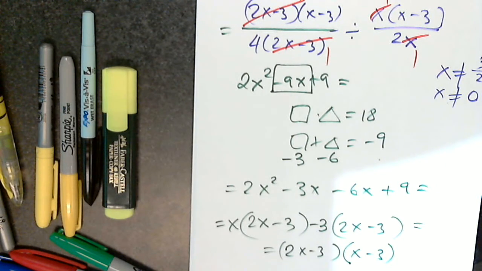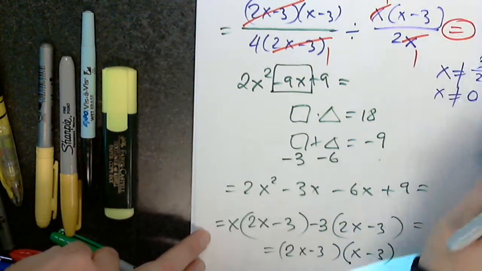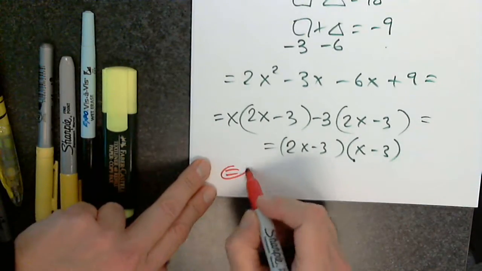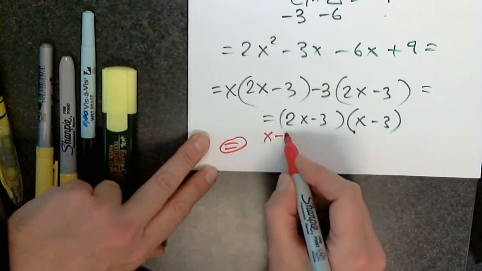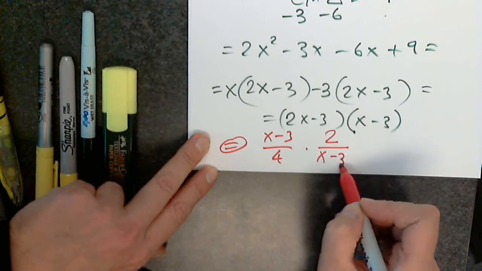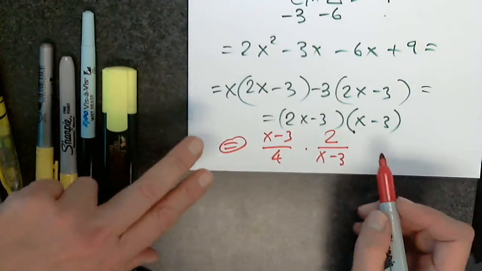You cannot simplify across in a division. You can in a product. So then, I continue here, and I have x minus 3 over 4 multiplied by 2 over x minus 3. Do you agree? Because there is a 2 left in the denominator.